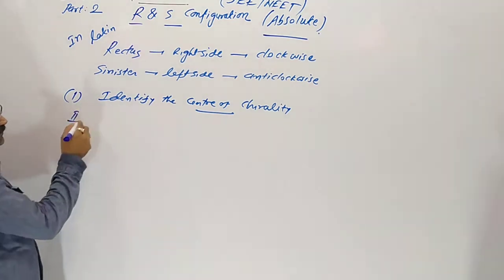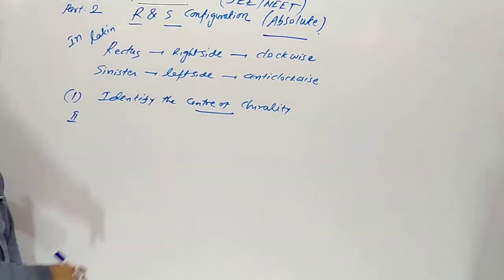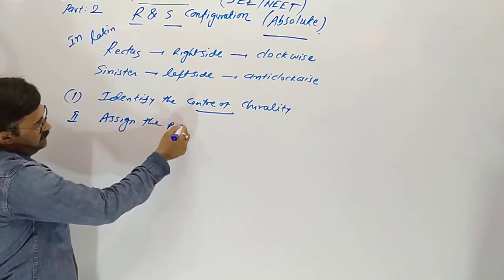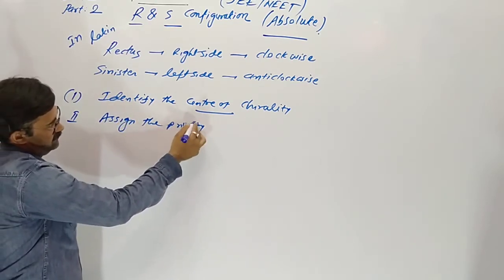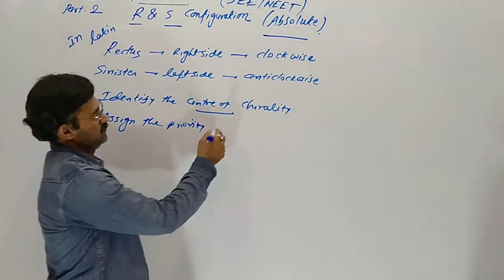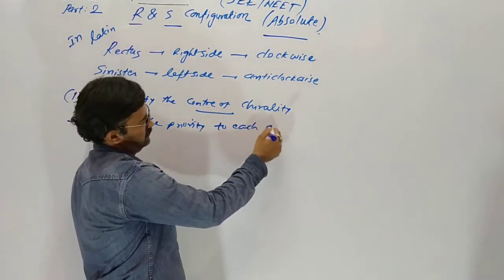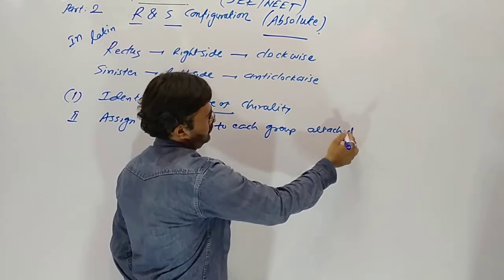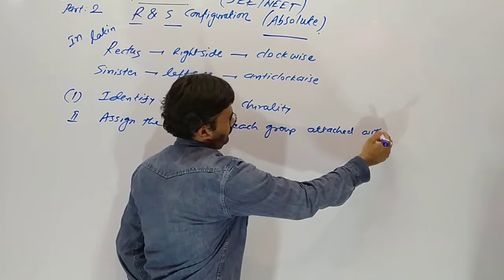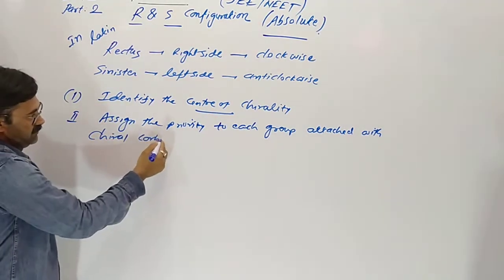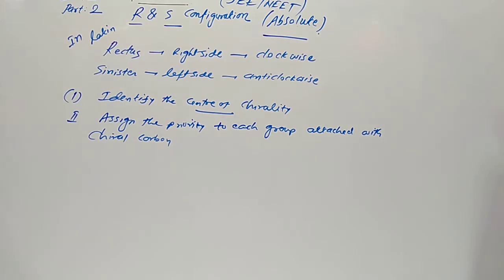Second one, assign the priority to each group attached with the chiral carbon by using atomic number.